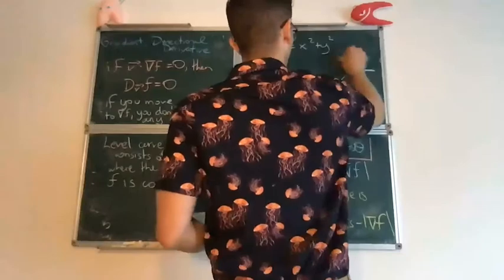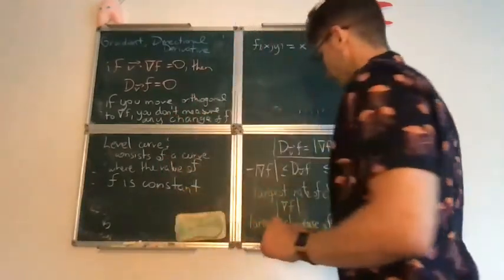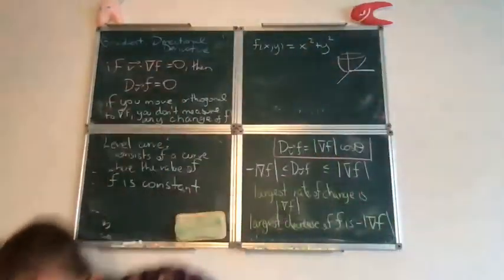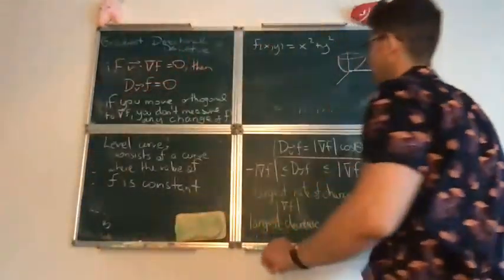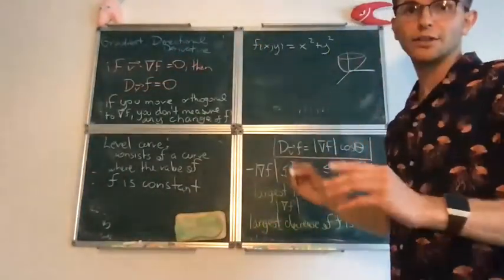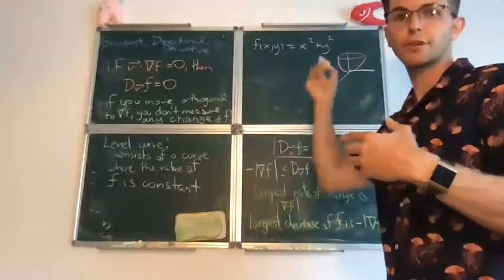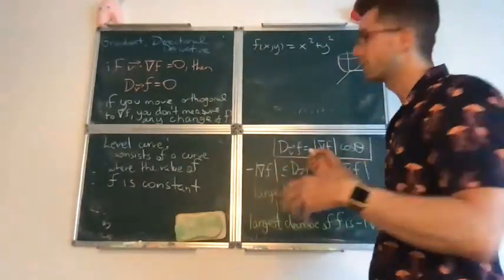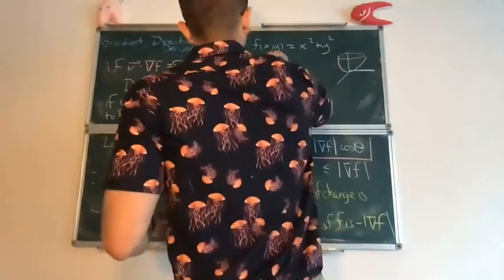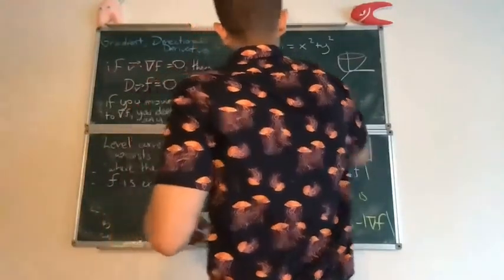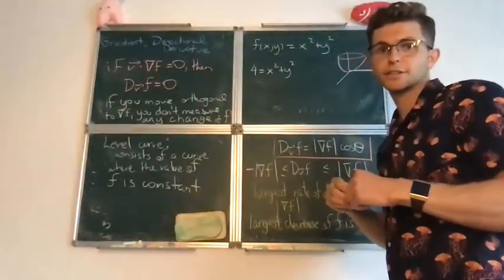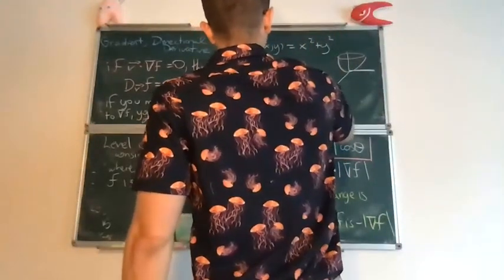Then a level curve consists of all the points where this function has a specific value. As an example, if I wanted to know all the points where the value of the function that I measure is 4, then I would need to solve 4 equals x squared plus y squared, and that would give me a circle of radius 2. So this is a circle of radius 2.